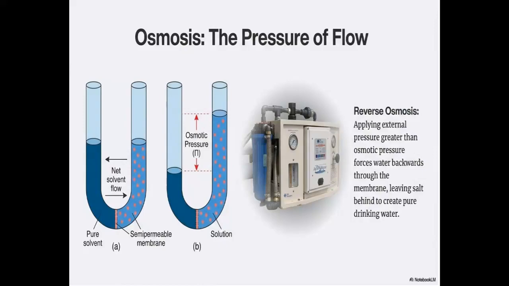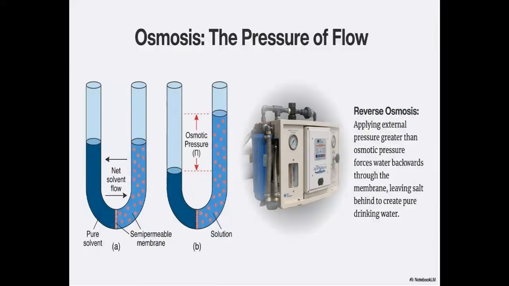Normally, you guys have heard about diffusion, right? And diffusion is what? The movement from what to what? High concentration to low concentration, high concentration of solute to low concentration of solute. So it moves towards the low concentration, until we get an equilibrium of particles on both sides. So right now, we have a pure solvent on the left, we have a semi-permeable membrane in the middle, and then we have a solution on the right.